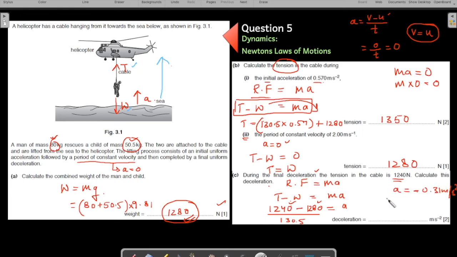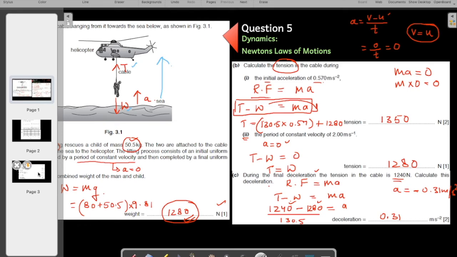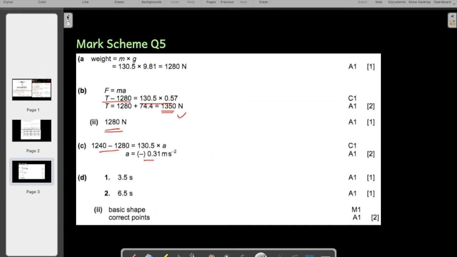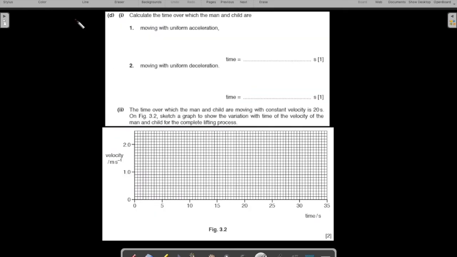When the acceleration is negative and you're calling it deceleration, you ignore the negative sign and just say the numerical value. So your answer is 0.31. Let's tally with the answer. Yes. So let us move to the next part of the question.